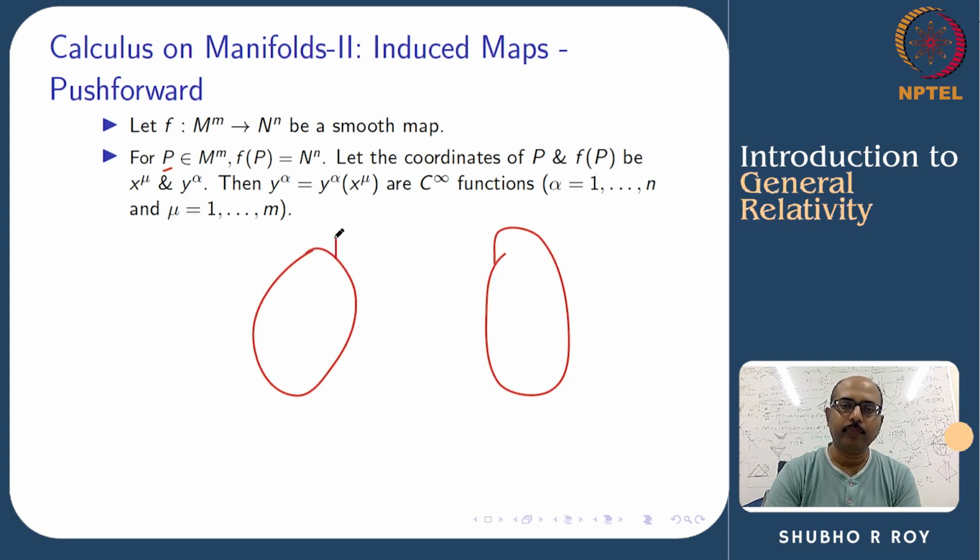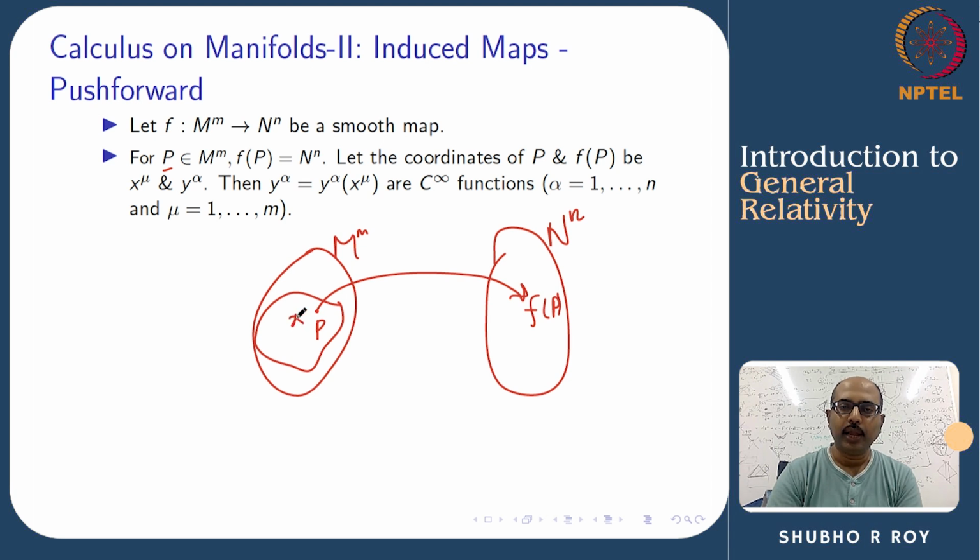So you have M, which is an m-dimensional manifold. You have N, which is an n-dimensional manifold, and you have a point P, which gets mapped to some point here. Let me call that F of P, the image. And then this point P is, of course, covered by some coordinate system, in which the coordinates of the point P are given by x, m real numbers, so x superscript mu.